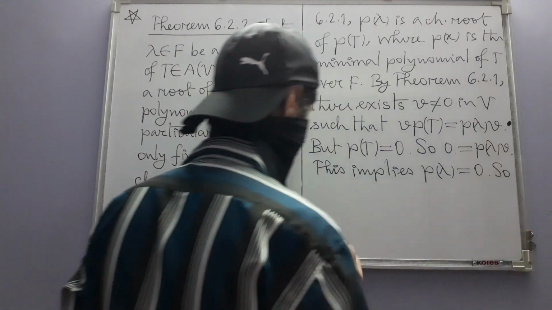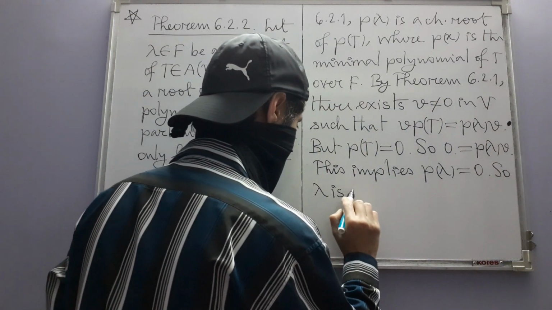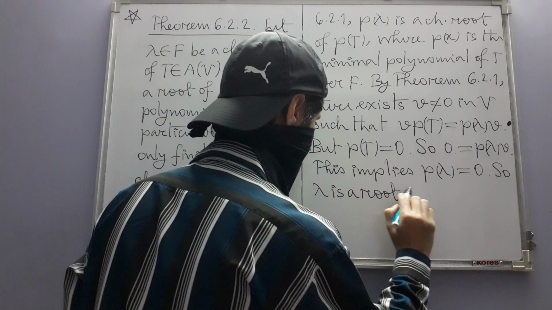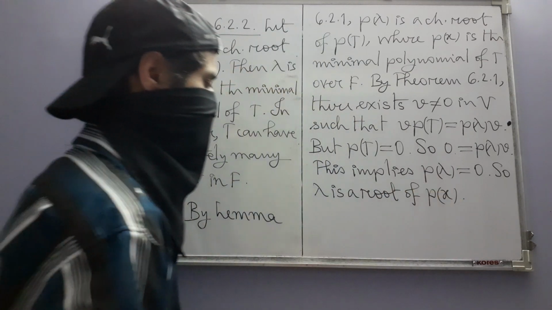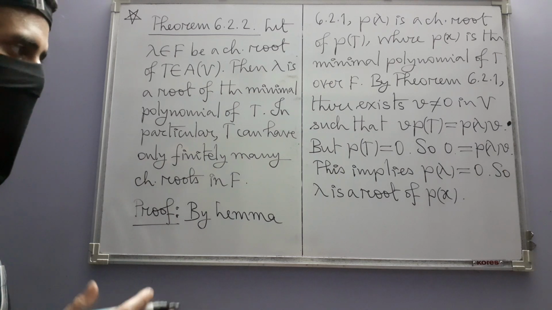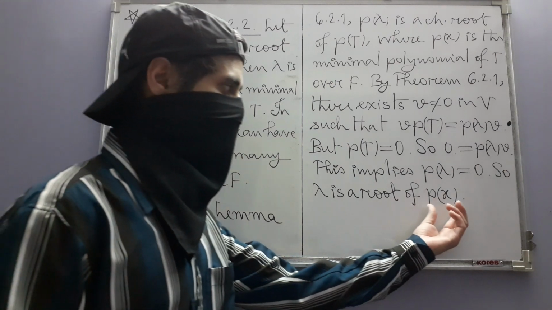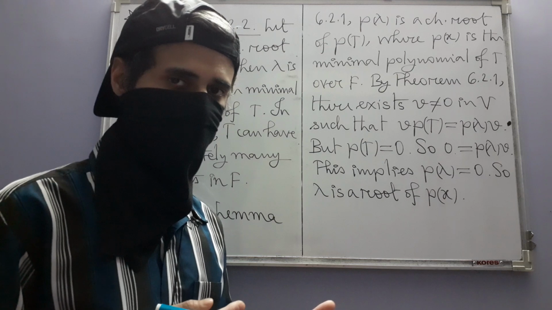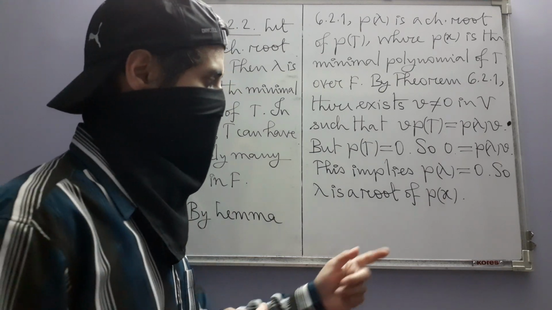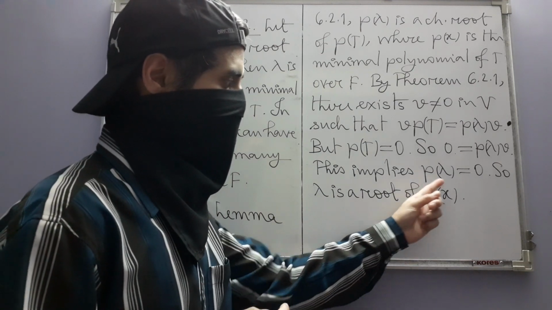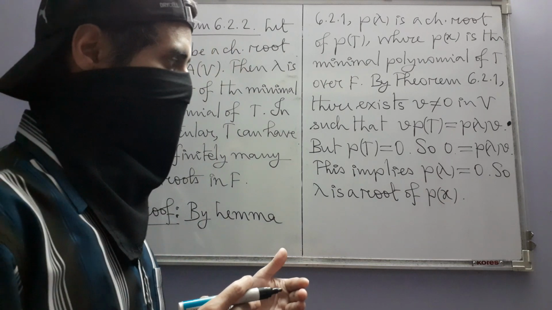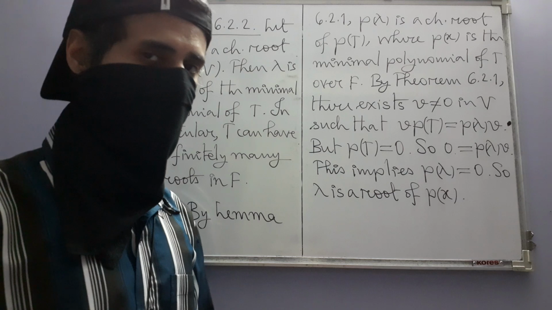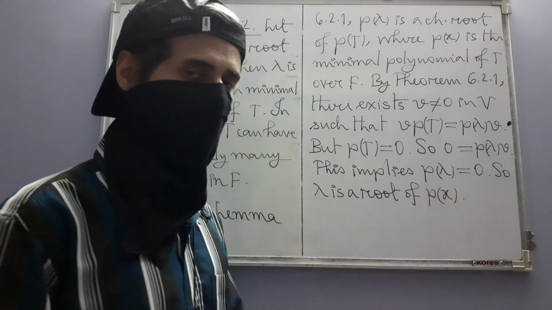So lambda is a root of the minimal polynomial P(x). Now the minimal polynomial we know is a polynomial of some degree which is a positive integer, and we also know that this polynomial cannot have more than n distinct roots if n is the degree of this polynomial.